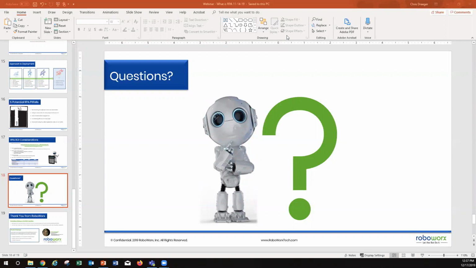As I mentioned earlier, the more popular technologies out there are pre-built bots already, and there's more and more being done every day. We partner at RoboWorks with UiPath, and they have a whole community of developers who are out there testing, building, sharing knowledge, and there's quite a few pre-built integrations out there.